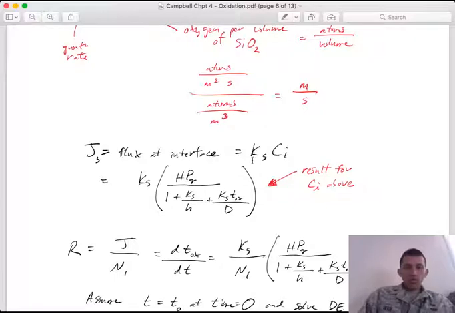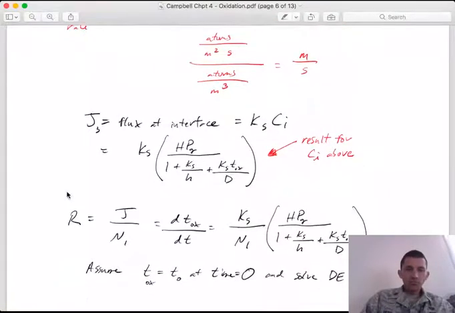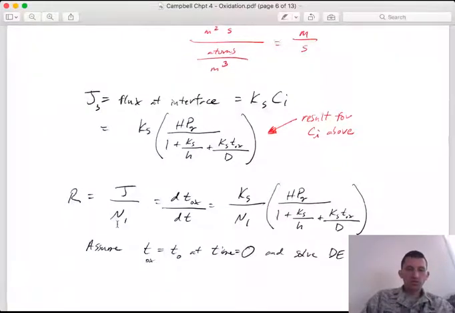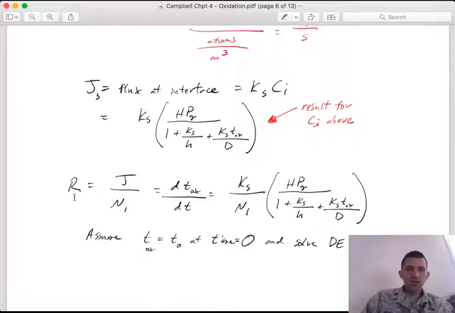So we have this flux. This is K sub S, our reaction rate, times our concentration at the interface. This is what we derived above. So we'll plug that in here for our J, and then we're going to divide it by N sub 1. This would be the density of oxygen in our oxide, to give us our growth rate.